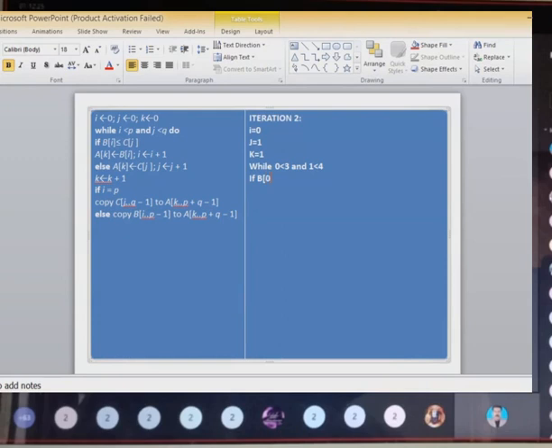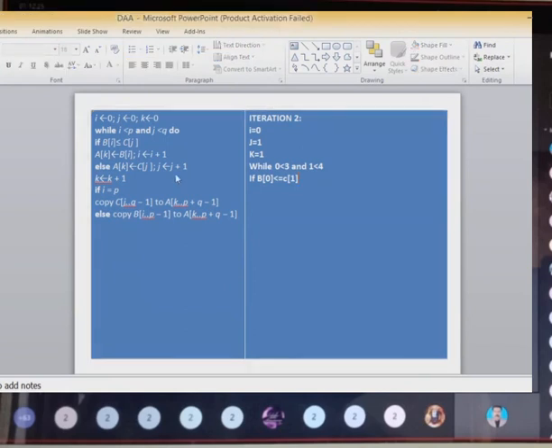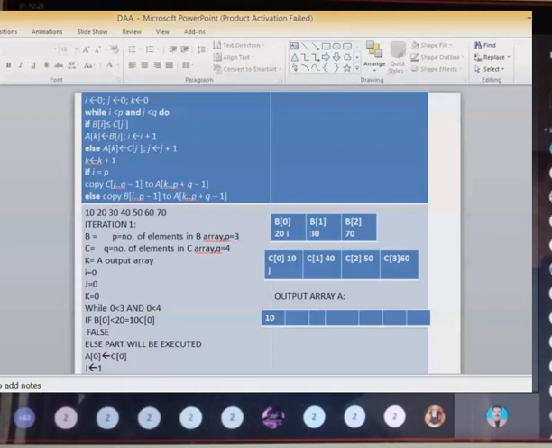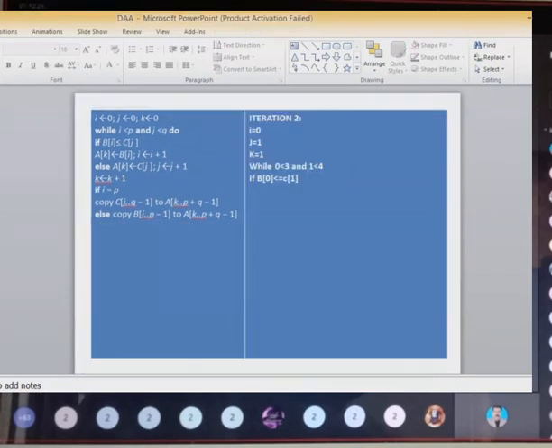I equivalent to 0. B of 0 less than or equivalent to C of 1. Now what is B of 0? What is B of 0? 20, 30, 20 down.